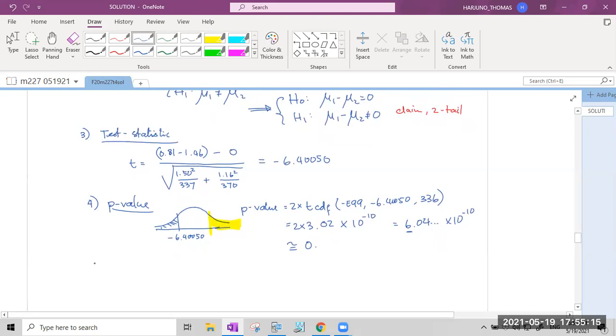So step 5, informal conclusion: we will reject the null hypothesis. In step 6, conclusion. What is the alpha again?